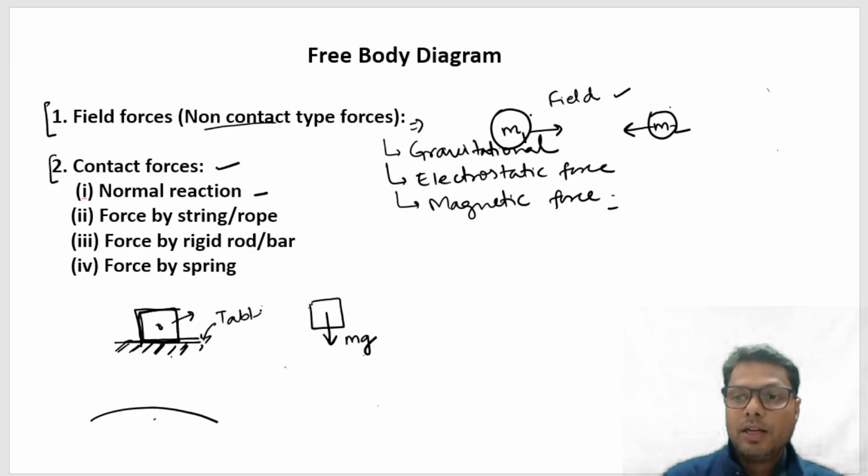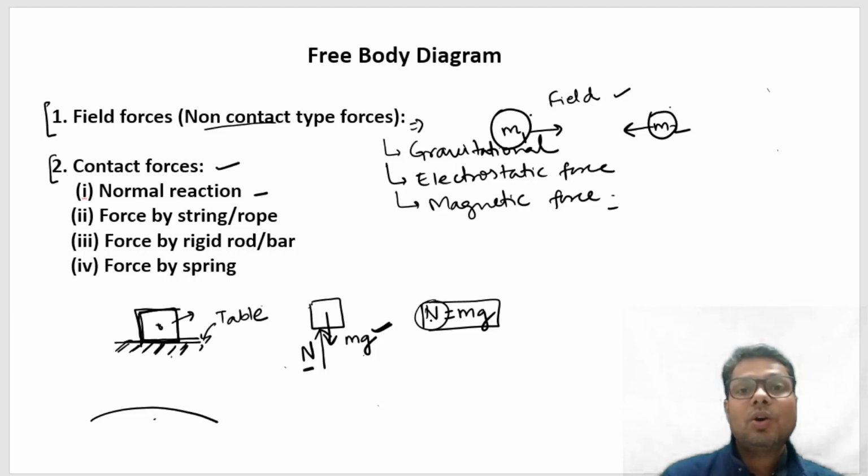That means if the block is not going downward, the table must be applying some force to counterbalance this weight. Now this force N, which will be equal to mg, we will see later on. This force which is applied to this block by the table is called contact reaction force.